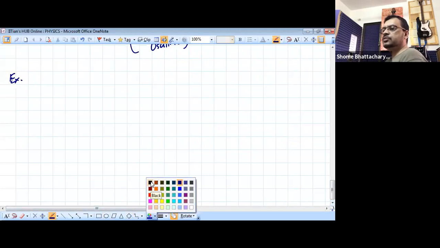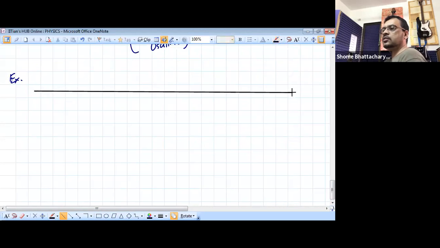A similar situation to what we saw last time: you have a very long string stretched out with some tension, going to infinity on that side. Here at x equal to 0 and at x equal to d, two simple harmonic oscillators are attached, creating oscillations along the y-axis.